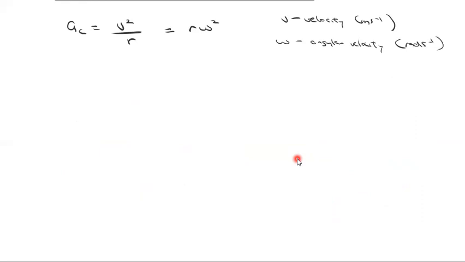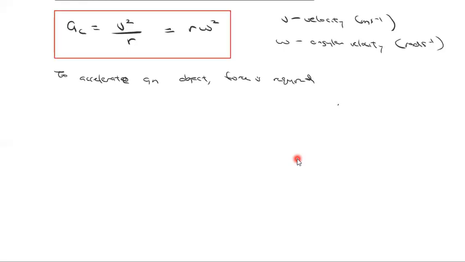Now, importantly, it's still acceleration, right? So you're still looking at module 1, module 2. To get acceleration, you need a force, right? To accelerate an object, by Newton's second law, you need a force. So centripetal acceleration is v squared over r equals r omega squared.